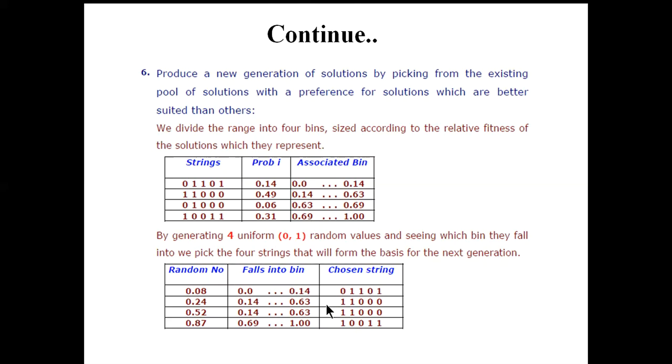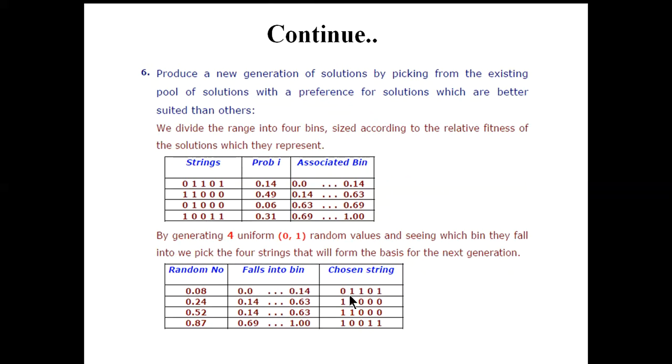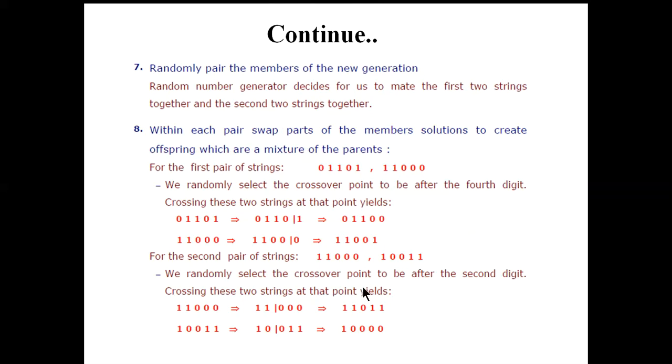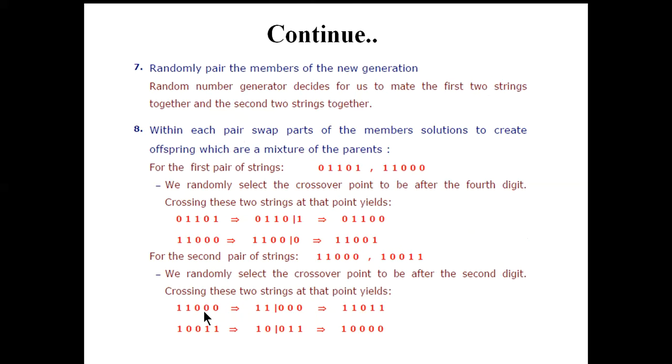Here you can see in the chosen strings that the third string has not been selected, because the probability of selecting the third solution is low, that is 0.06. So we have not chosen the third string or third solution. First of all, we choose the first pair, 01101 and 11000, from this table. And the second parents are selected as 11000 and 10011, like this.